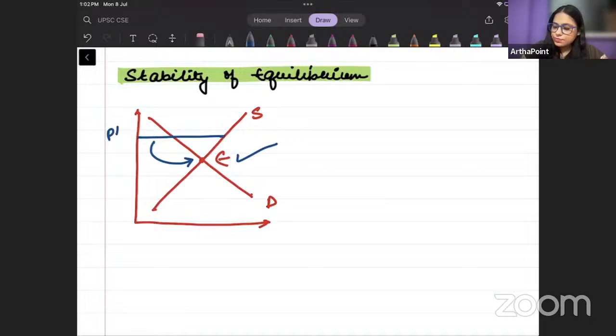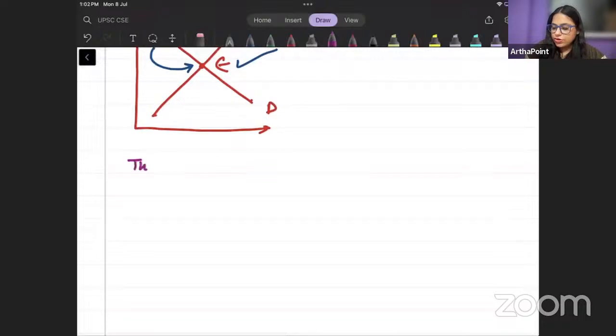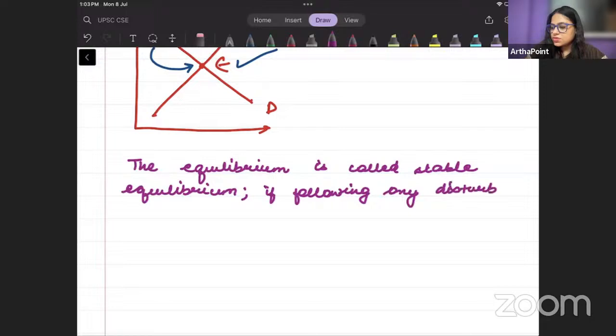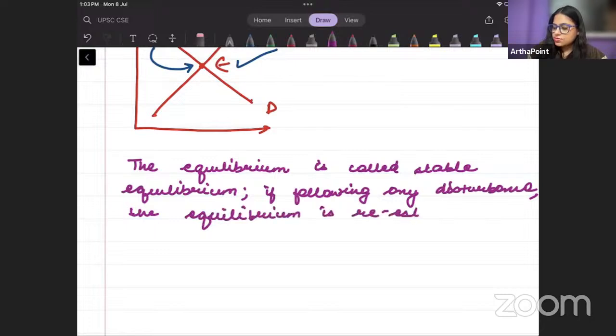So please write down. The equilibrium is called stable equilibrium if following any disturbance, the equilibrium is re-established, right?